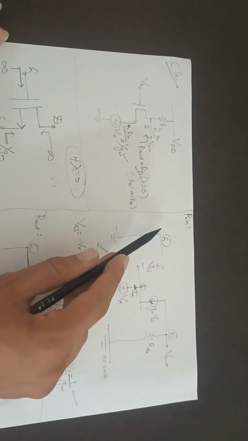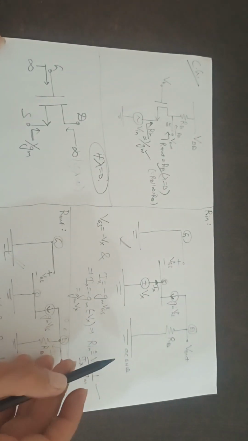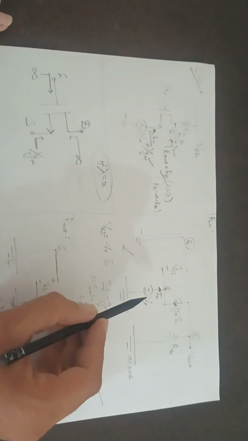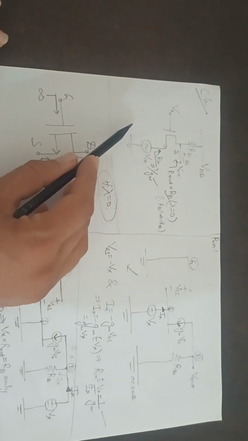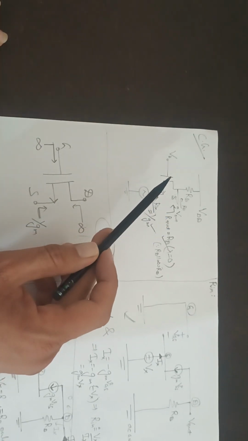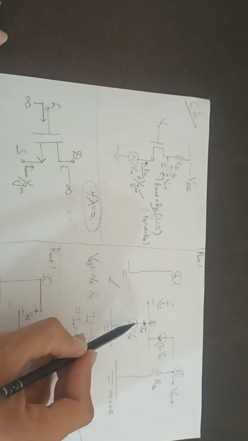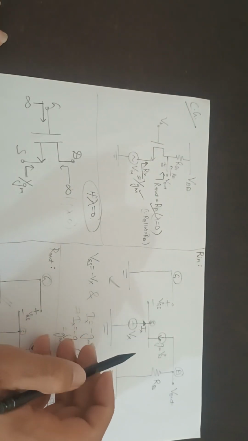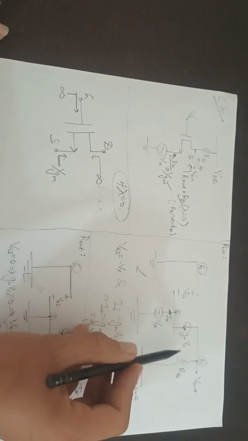If you find its Rin, we will remove the source and short or open all independent sources: short all voltage sources and open all current sources. I will put Vx and Ix, and I will write the small signal model.